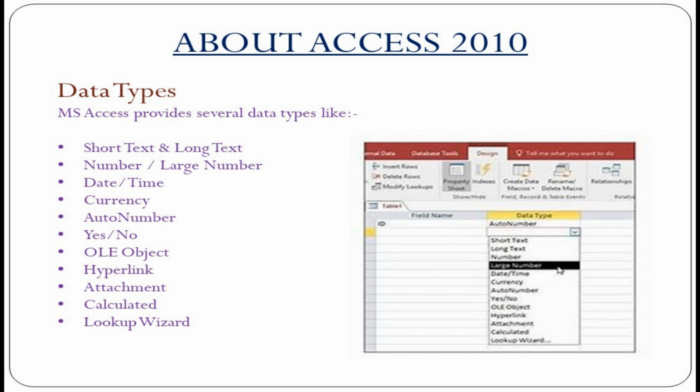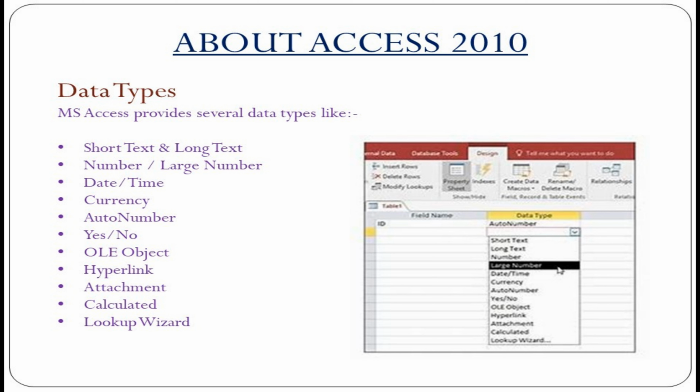OLE object is used when you attach some photographs. Suppose you create an admission file and you want to take a picture of the concerned student. In that case, you use OLE object, linking and embedding.